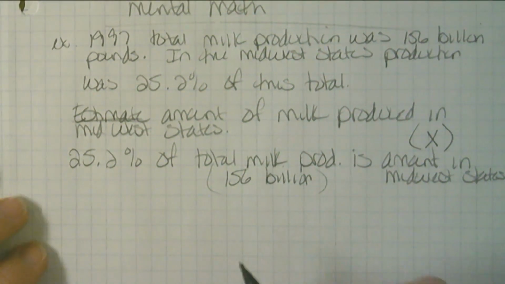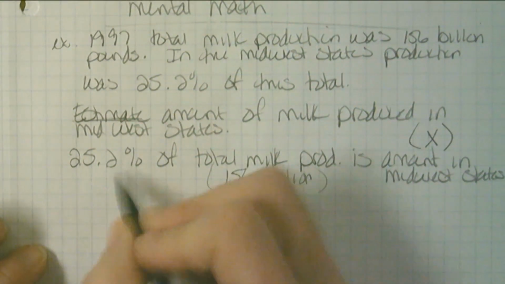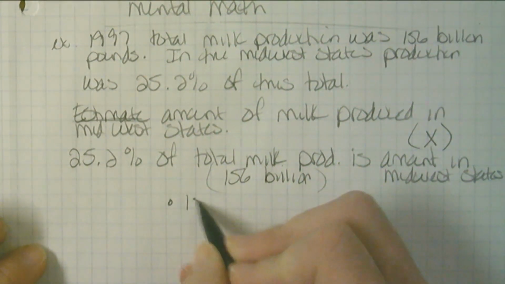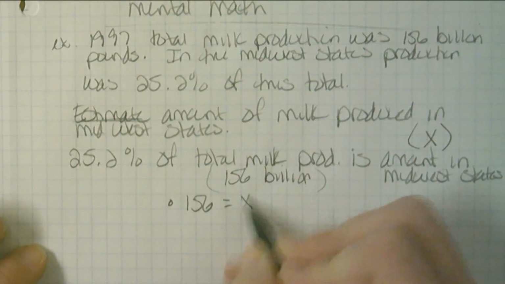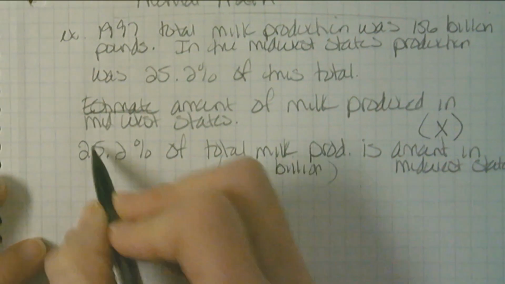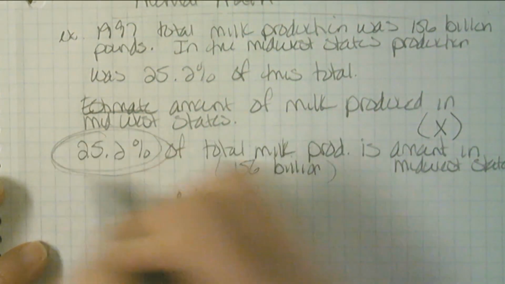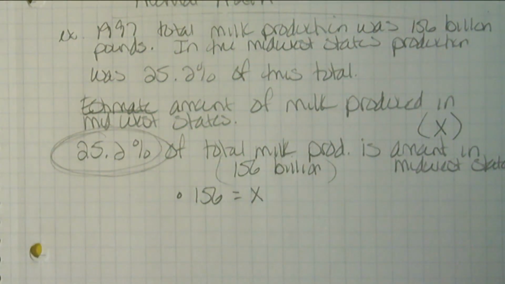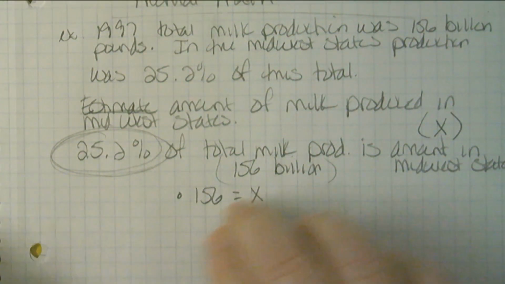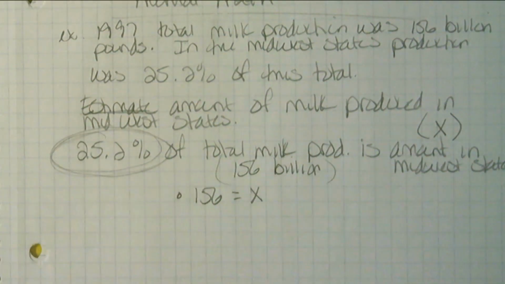All right, so if I wrote this out, I have my percentage times 156 equals X. What fraction is 25.2 close to? And what I'd like is that when I multiply it, it's easy for me to multiply that by 156.